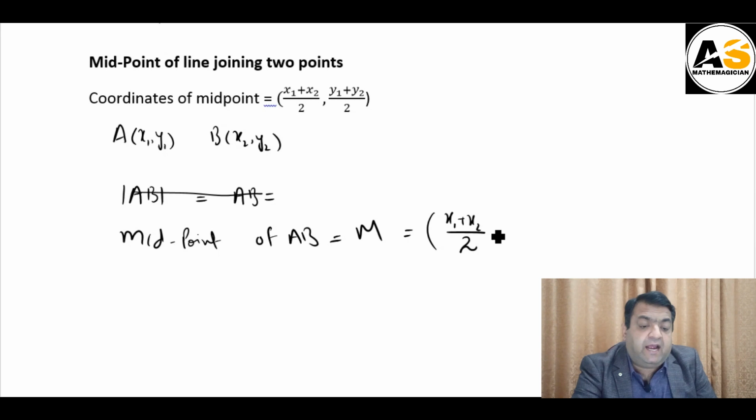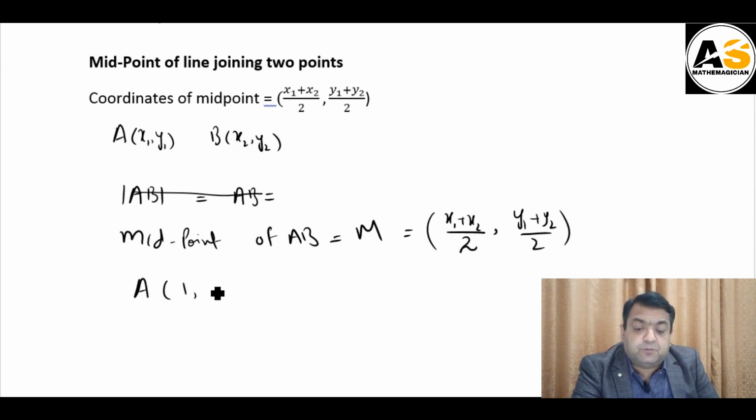That is, we will add the x coordinates of the 2 points and then divide the sum by 2. Similarly, we will add the y coordinates of the 2 points and then divide by 2, or taking the mean of x coordinates and mean of y coordinates.